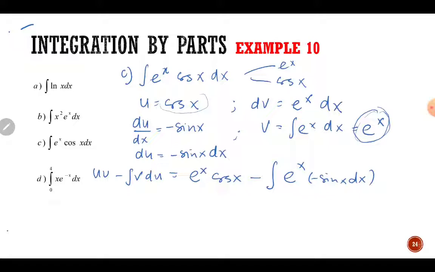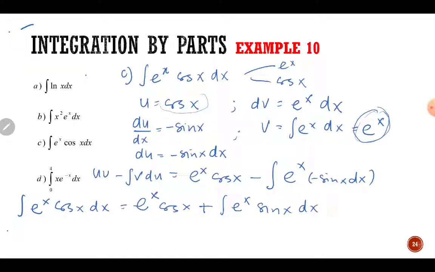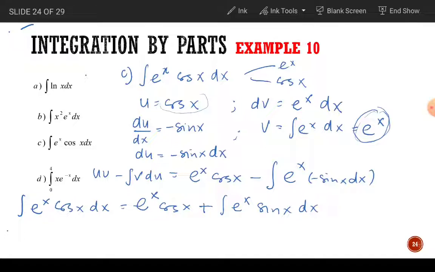Okay, so here jawapan kita, integration of e to the power of x cos x dx is equals to e to the power of x cos x tambah e to the power of x sin x dx. Nampak gaya macam B juga. The integration here, kita tak boleh solve it directly again.